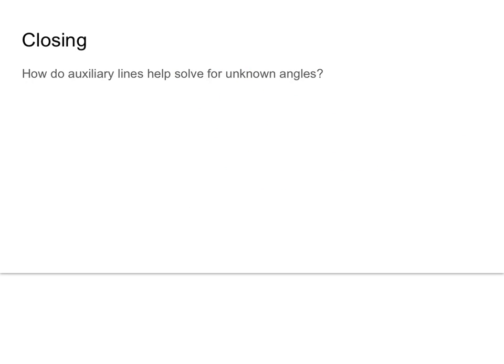All right, in closing, how do auxiliary lines help solve for unknown angles? Sometimes extending a segment, a line, or a ray, or simply adding a line, shows you an intermediate step in a solution to an unknown angle problem or proof.